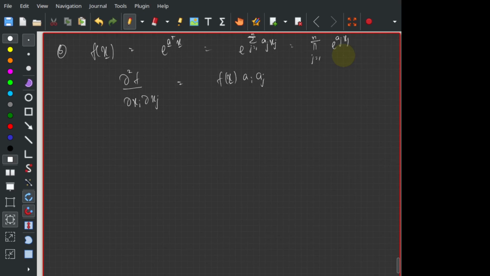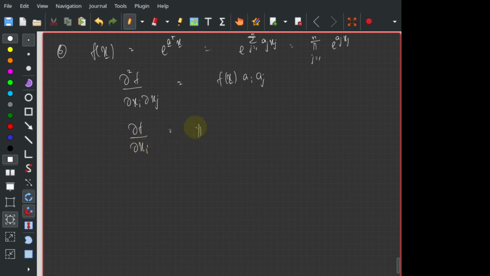There's one more term missing then, if you are taking the product over j not equal to i. Look at dou f by dou xi.